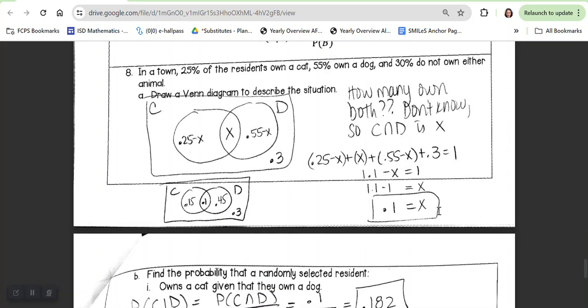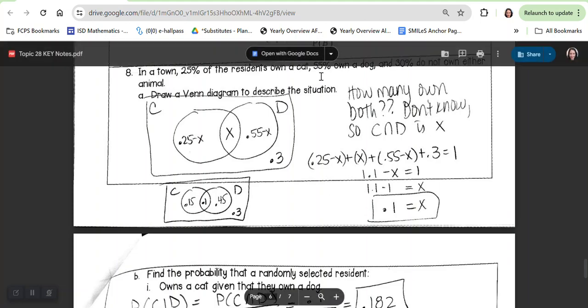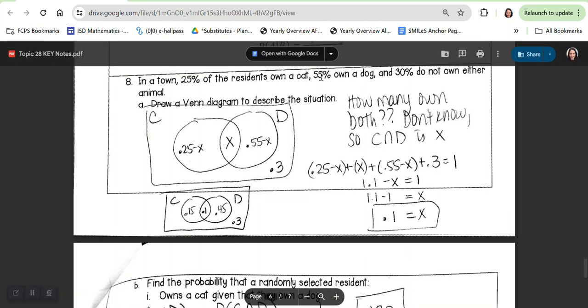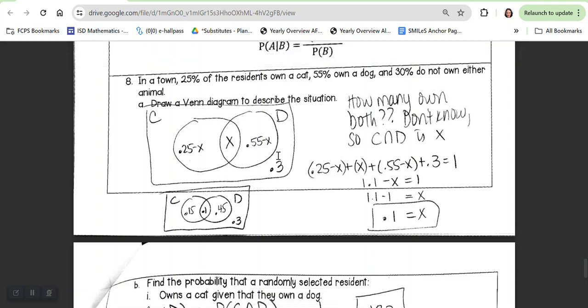Here's a more complicated question. In a town, 25% of the residents own a cat and 55% own a dog, and 30% don't own either. So we know 30% is down here. What we don't know is how much is in this overlap here.